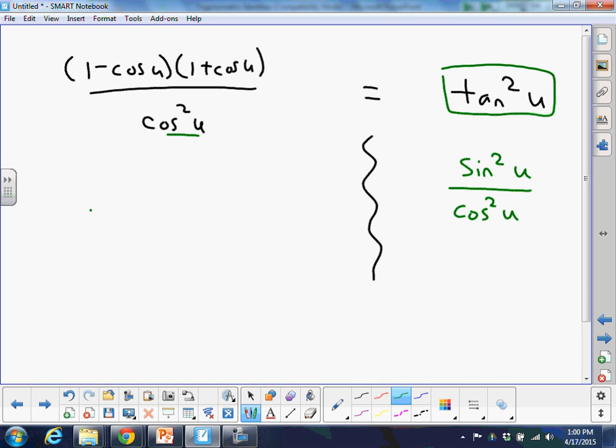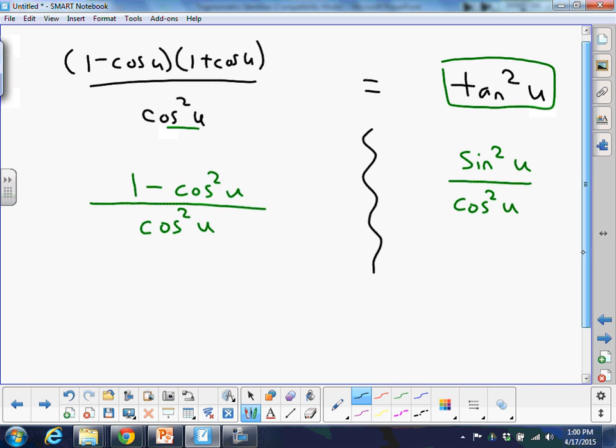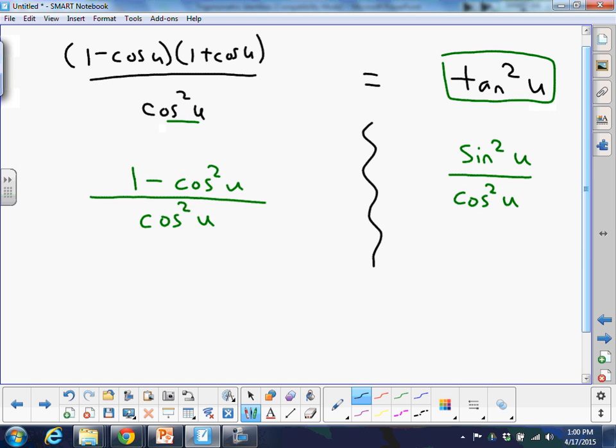So if we multiply that out, they're conjugates, right? So it's going to be 1 minus cosine squared u, and the denominator is cosine squared u. Okay, and it's tempting to cancel those cosine squareds, but we can't because the numerator is not a multiplication problem. Dividing by cosine squared isn't going to cancel out that subtraction in the numerator.